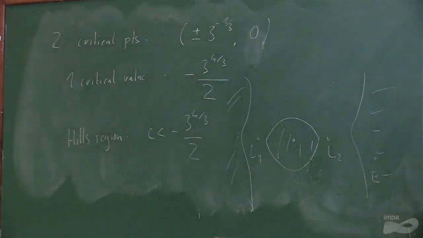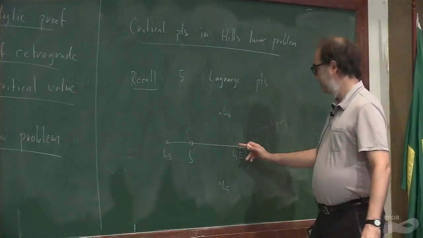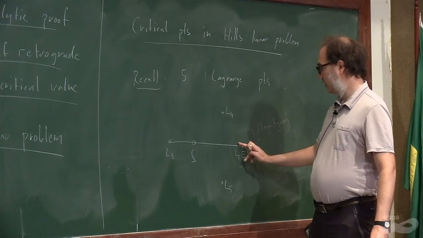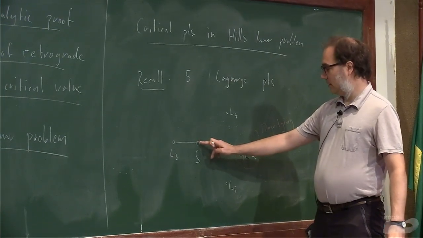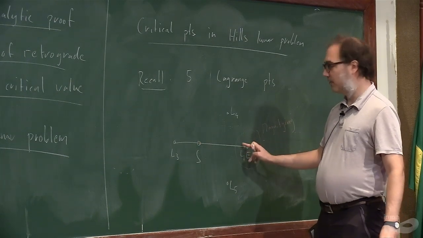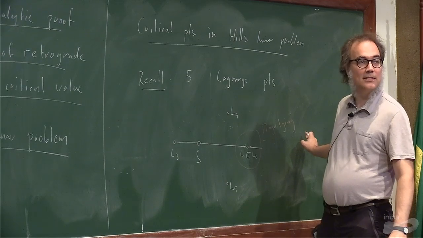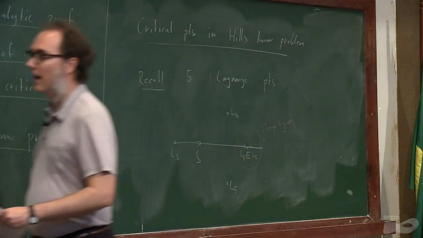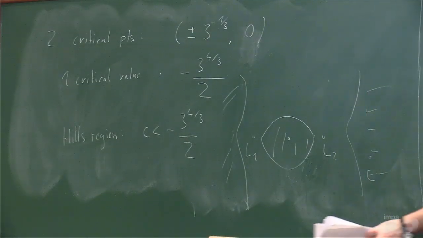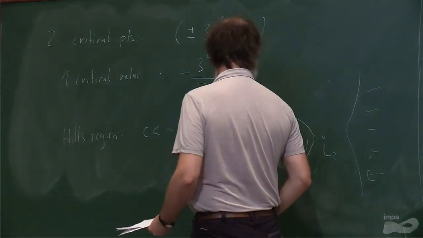These are leftovers from the Hill's region around the Sun. This is the one on the left, and the unbounded one in the restricted three-body problem, the one on the right. So that is the Hill's region.